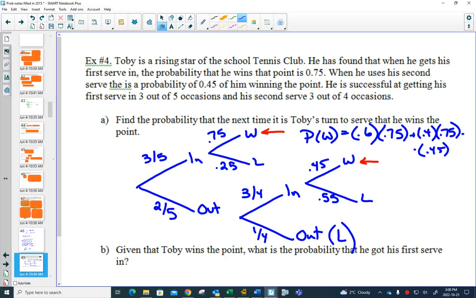So we can total those up. We can take out our calculator here. 0.6 times 0.75 plus 0.4 times 0.75 times 0.45 is 0.585. So it looks like when Toby goes to serve, he's got about a 60% chance of winning every point, which means when he's serving, he should win that little mini game.